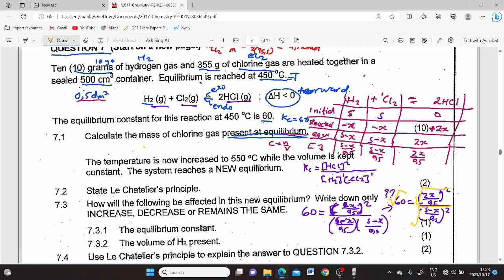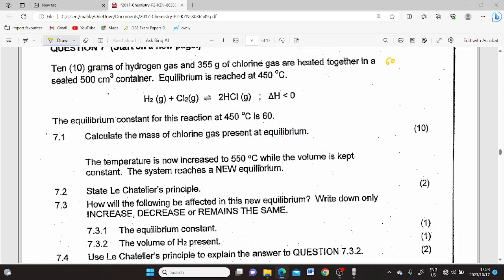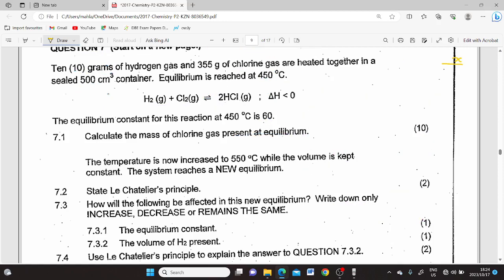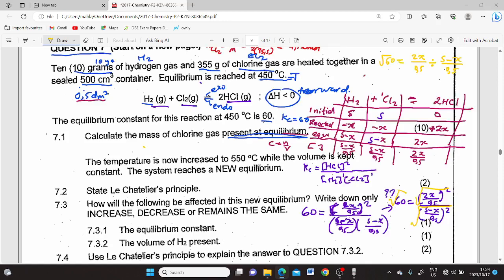It means we can have, let's take it to the top, square root of 60 equals to, now we're going to have 2x over 0.5 divided by 5 minus x over 0.5.